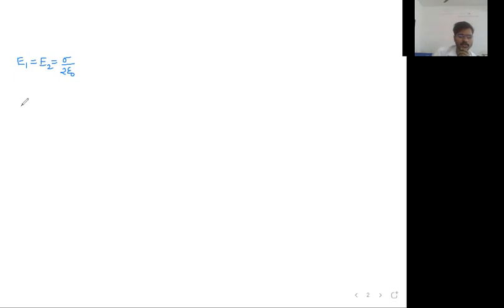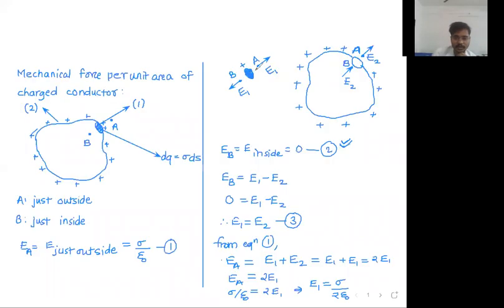Now the thought is this. Can I say that this conductor is a charged conductor, which is placed in the electric field of the remaining conductor?